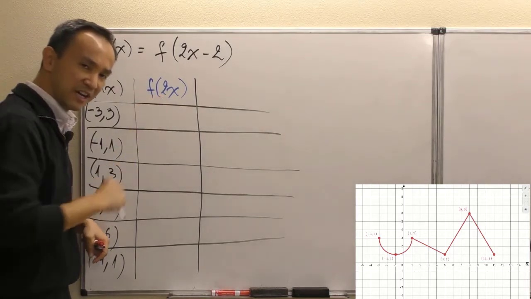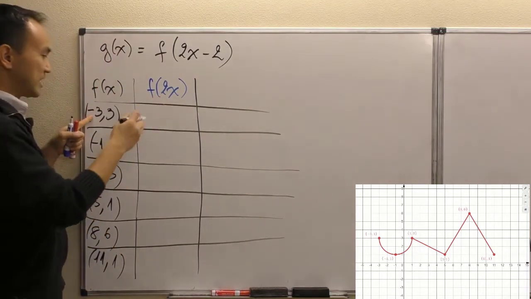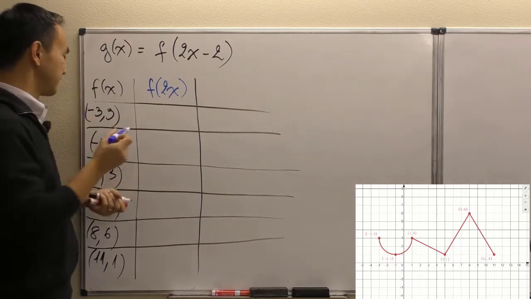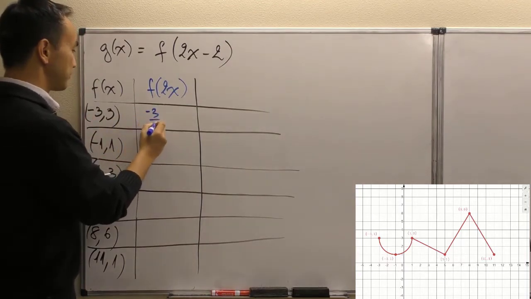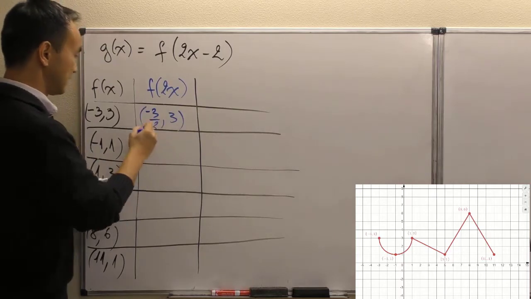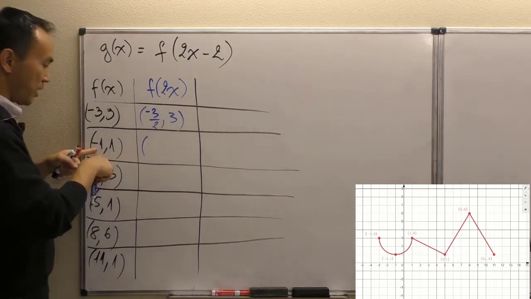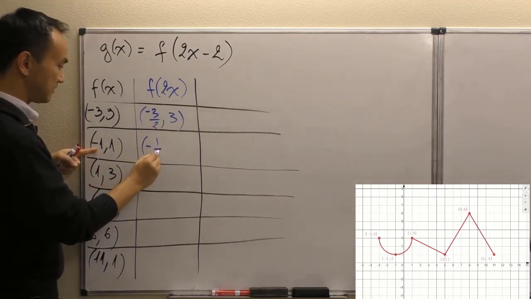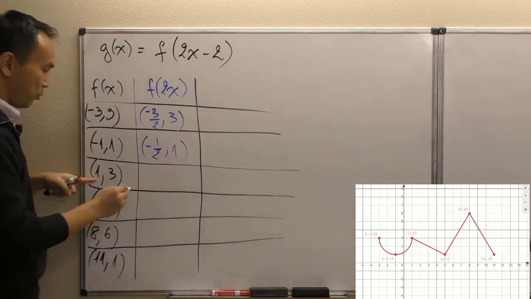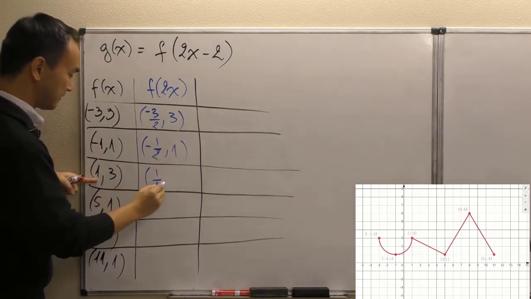So this gives me (-3/2, 3), then this point gives me (-1/2, 1), and this point will give me (1/2, 3).